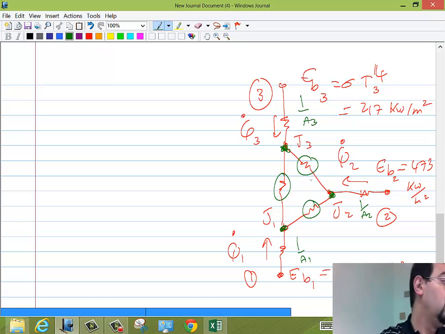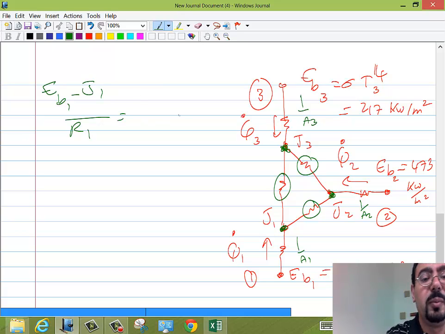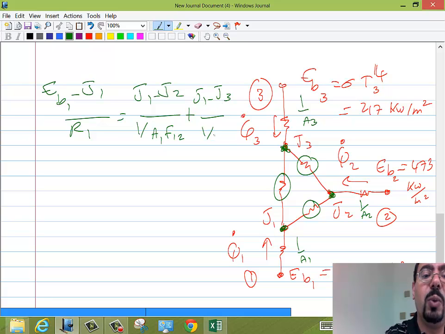The Q leaving surface 1 will have to go part to surface 2 and part to surface 3. Right? So here is the radiation leaving 1, EB1 minus J1 over R1. This will have to split into J1 minus J2 divided by 1 over area 1 F12 plus J1 minus J3 divided by 1 over area 1 F13.